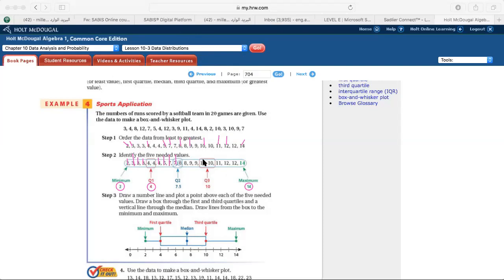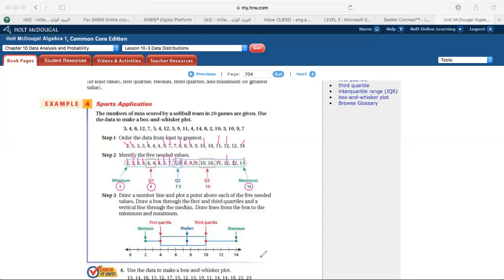Then I will get the median of the second group. Cancel from here and from here, from here and from here, until 2 numbers are left for me, 10 and 10. 20 divided by 2 because they are 2 numbers, so it will be 10.